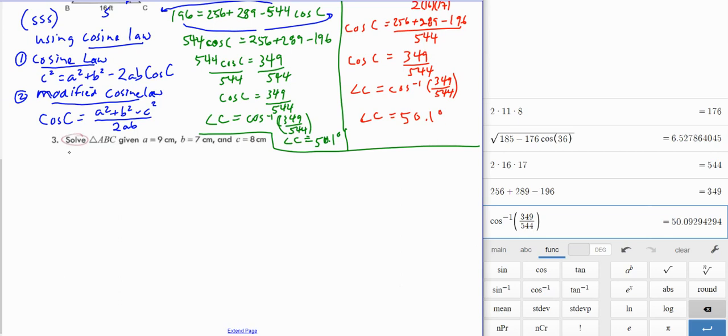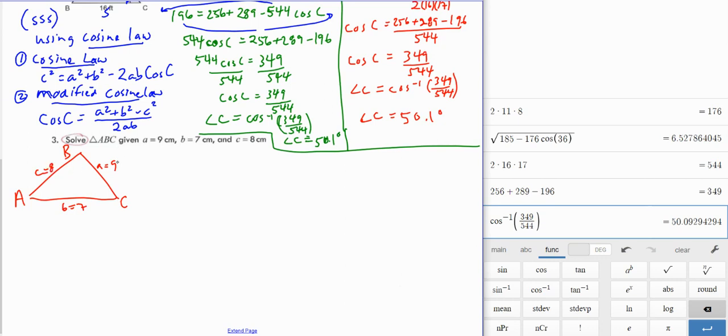I always like to start with a drawing of what my triangle might look like. I start off with A, usually go clockwise, B and C. A would be 9. Our B is 7. Our C is 8.